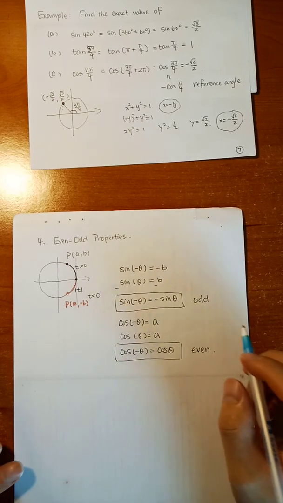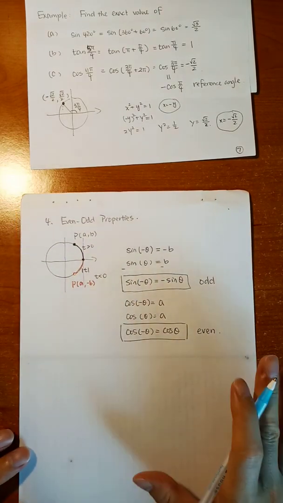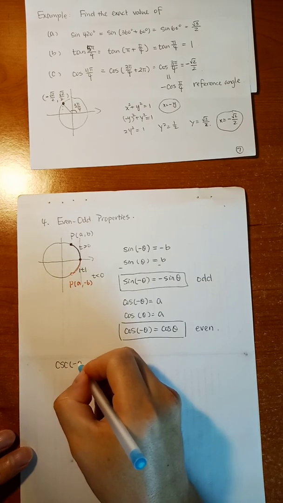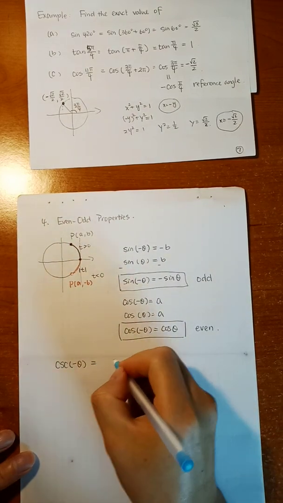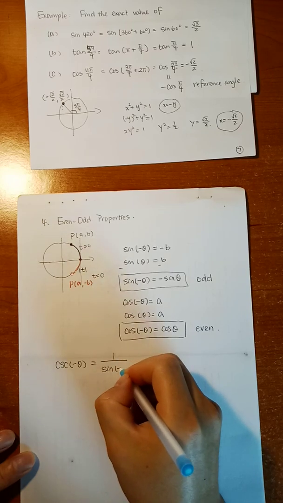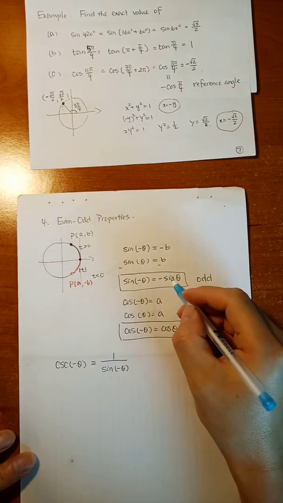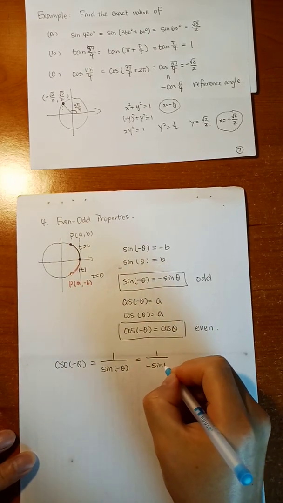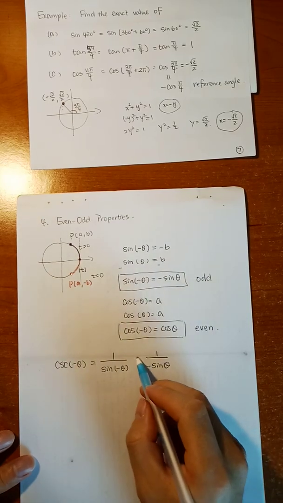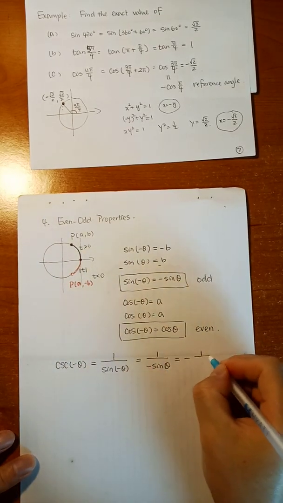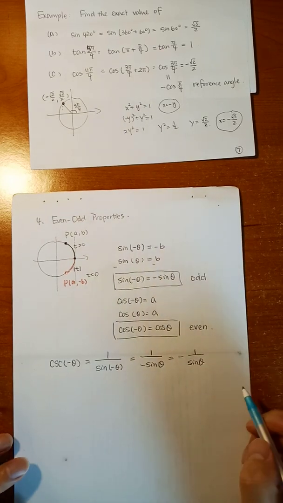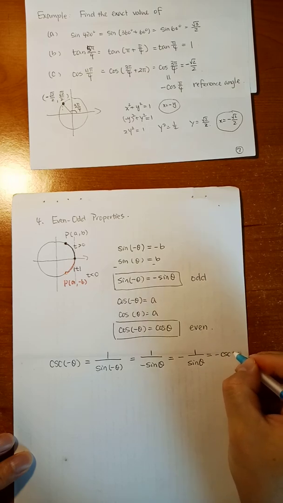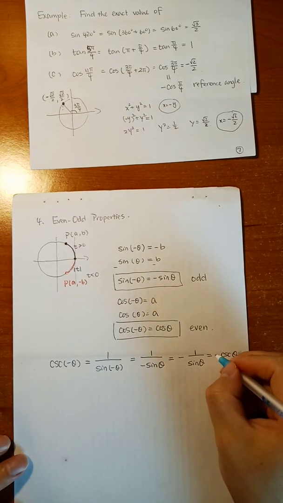Good. Now let's get the property for the other four trig functions. Cosecant. Cosecant negative theta is 1 over sine negative theta. But we know sine is odd, so you can move this negative sign forward, and continue to move it forward. 1 over sine theta is cosecant theta, so it's negative cosecant theta.